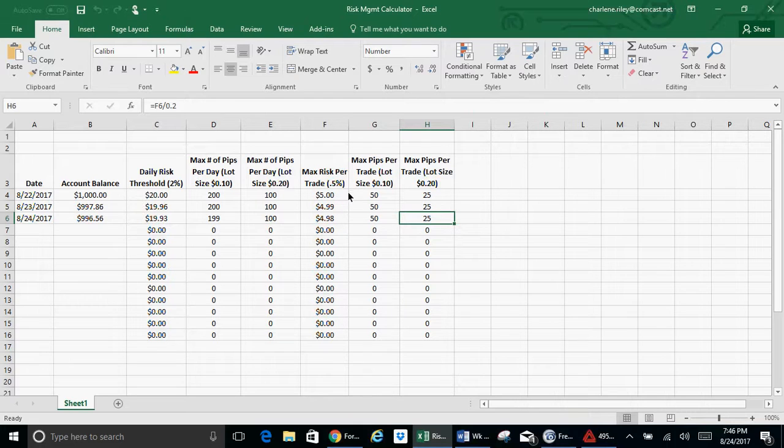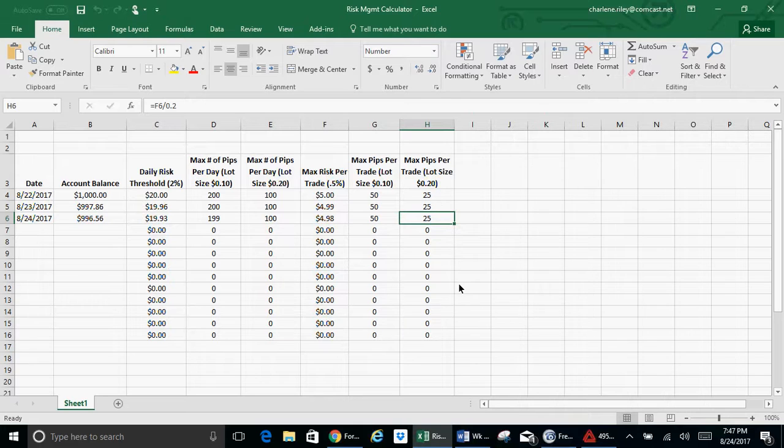My maximum risk per trade is 1/2 of 1%, so that will be $4.98, and that translates to 50 pips per trade on a 10-cent lot size, or 25 cents per pip on a 20-cent lot size.